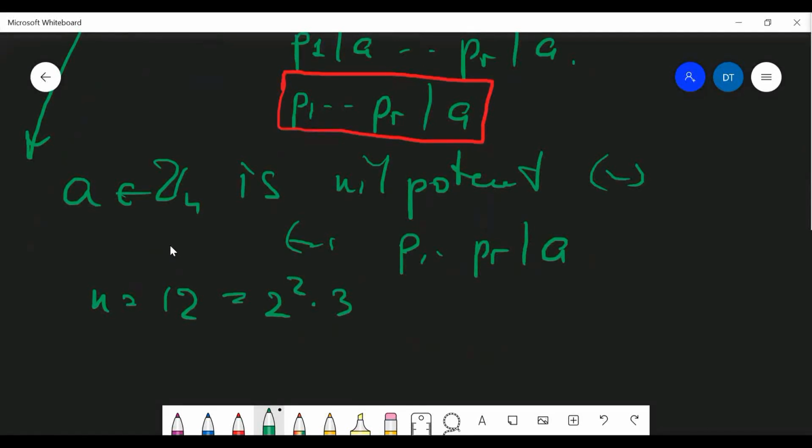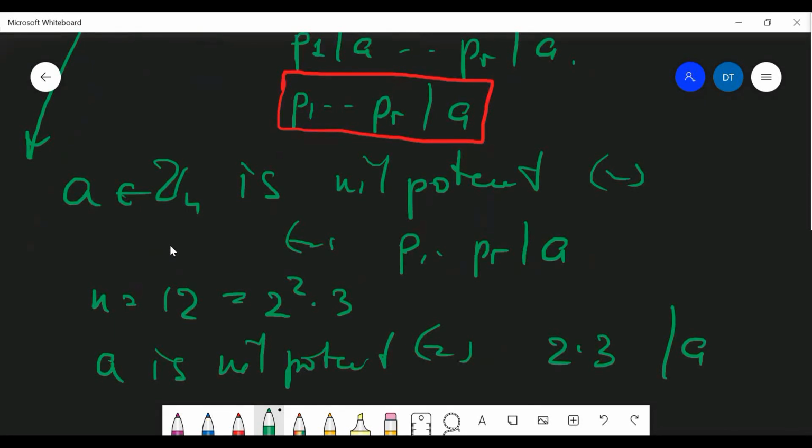So in this case, A is nilpotent if and only if 2 times 3 divides A. So as you can see, 0 and 6 are the only nilpotent elements of Z12.